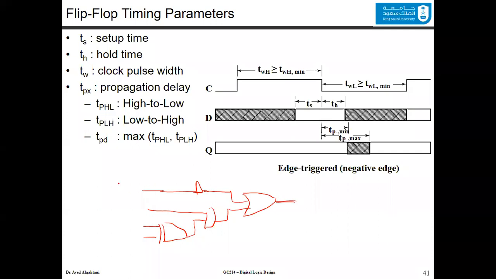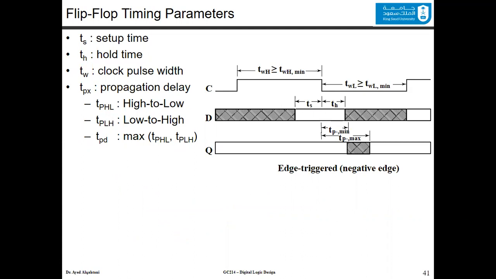Now, the minimum time from the inputs to the output is going through the inverter this way. So that's the minimum time. The maximum time is going through the XOR, and then the AND, and then the OR. To get the propagation delay of the circuit, you consider the worst case, which is the maximum delay. So this is why for the propagation delay, you take the maximum between those two times.